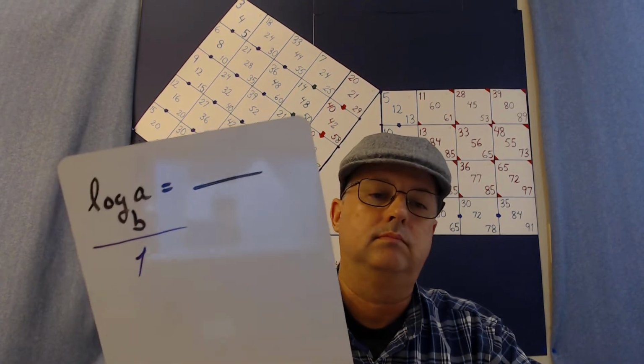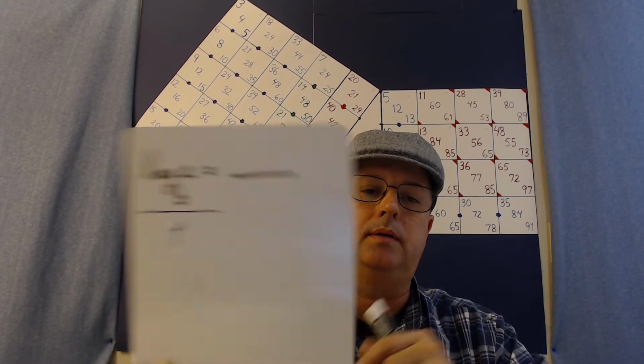So then if you imagine this as being over 1, and then we're going to flip it, well, what happens is this.